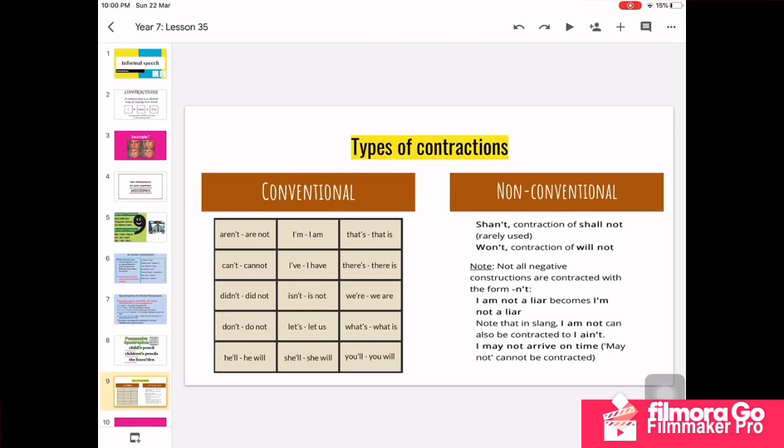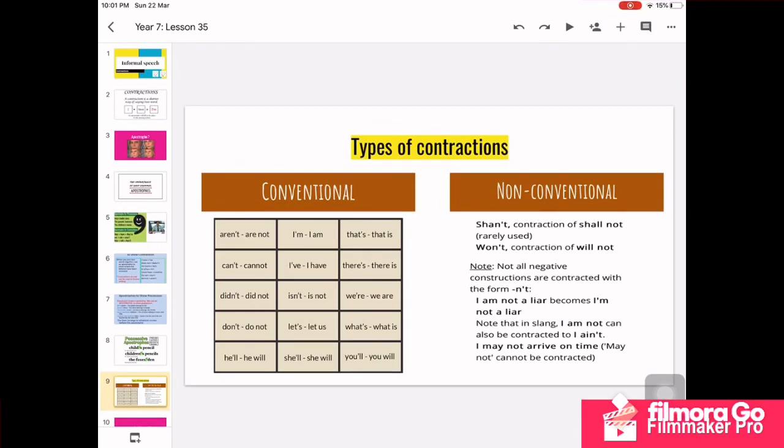Conventional means you can see the letters there, and even when you put an apostrophe and remove some of the letters, you can still understand where it comes from. So aren't, you can see A-R-E-N apostrophe T. So you kind of understand the full form of those words before they were contracted. I'm, you can see I and then apostrophe M. So all the letters are there.